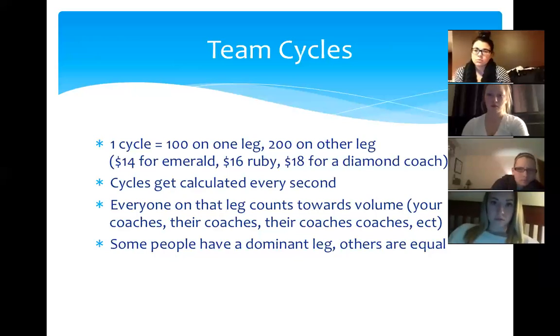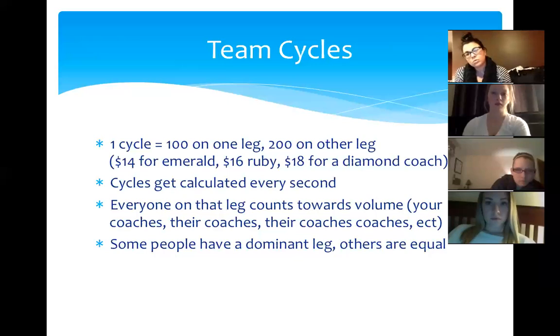As soon as you have 100 volume on one leg and 200 volume on the other leg, you will get a cycle. It doesn't matter if it's your weak leg that you have 100 or 200 or your strong leg. It's going to cycle each time you have the 100 and 200.